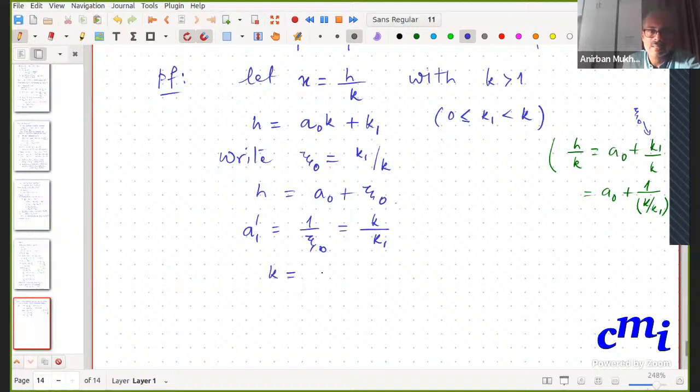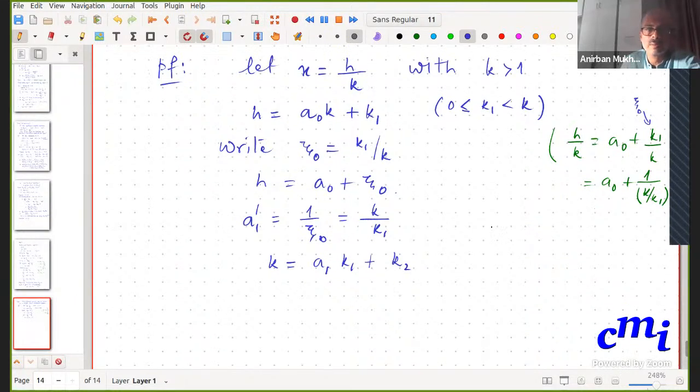So k is a1 k1 plus k2. k is bigger than k1, so this is greater than 1. So using the division algorithm, where 0 is less than or equal to k2, less than k1.